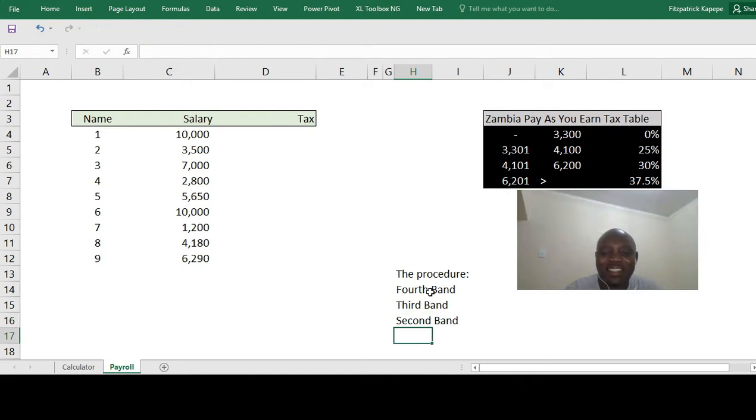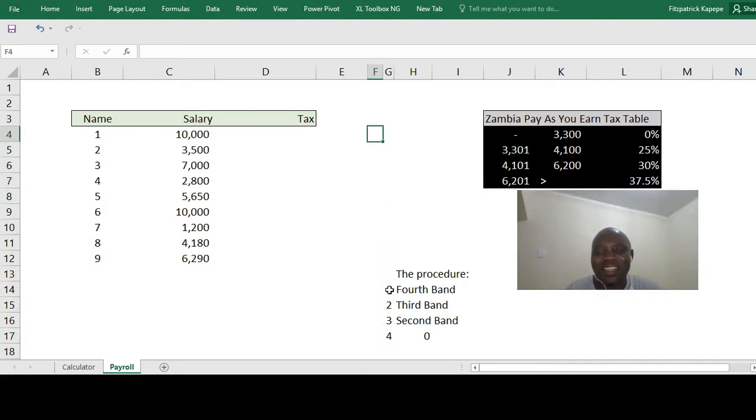On the first band, the argument that we're going to put will be just a 0, because here there's no tax. You are exempted from paying tax as long as your salary is between 0 and 3,300. So you don't need to pay anything, really. So these will be our arguments: 1, 2, 3, and 4. Then we'll be done with the operations.